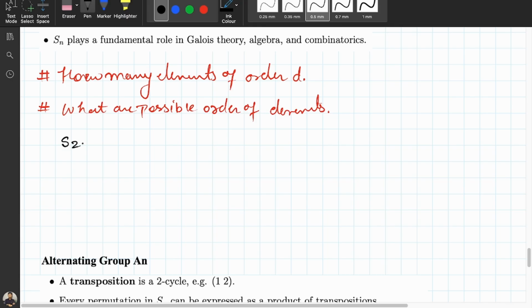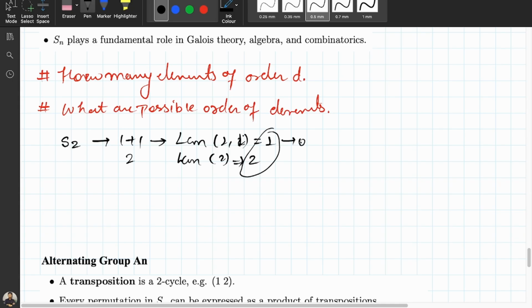Start with S2. What is the cycle decomposition? 1 plus 1, and 2. Take the LCM of 1, 1 and the LCM of 2 is 2. This gives the possible orders of elements.